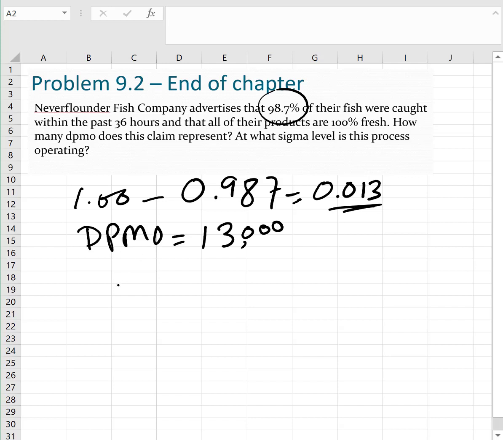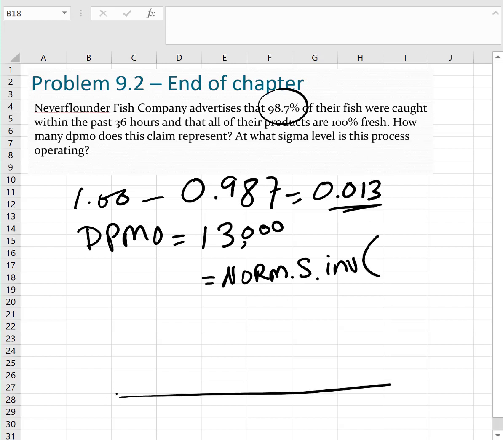In this case, we want to use the norm because we don't have the standard deviation. We want to use the 1.5 shift in our calculation. So we use norm standard inverse of the standard normal distribution.